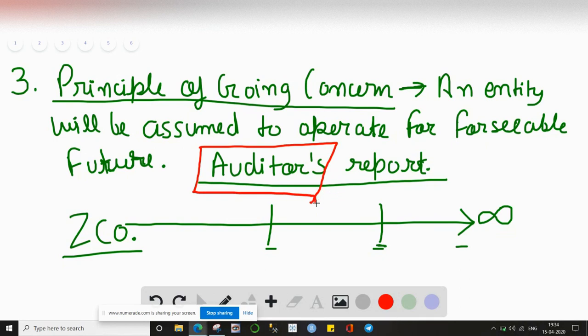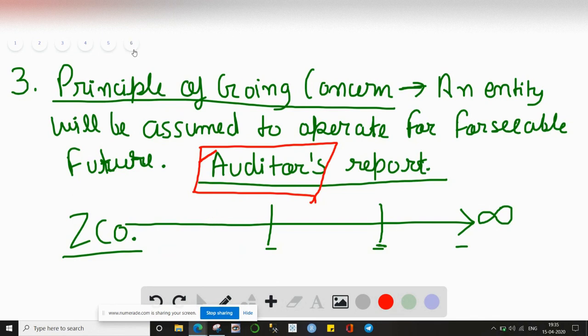Whenever there are adverse circumstances for the company in the market environment, and the entity is assuming that it is likely to collapse, say in 5 to 10 years, and the auditor suspects that aspect also, then the auditor will state in his auditor's report that the financial statements of the entity are not being prepared on the principle of going concern.